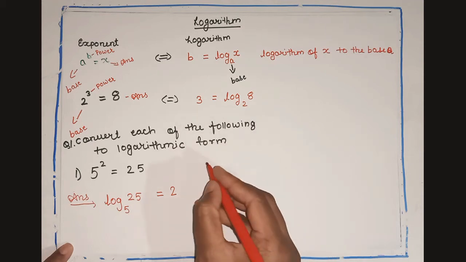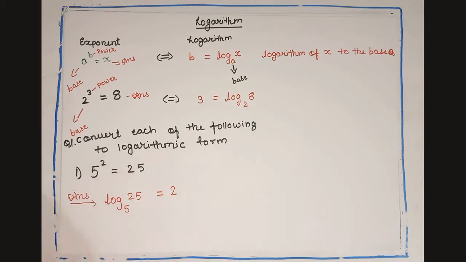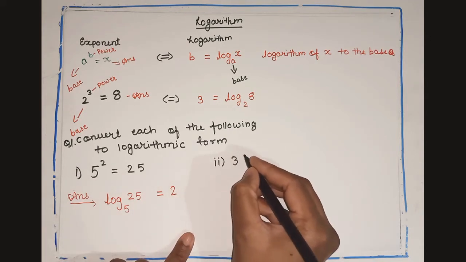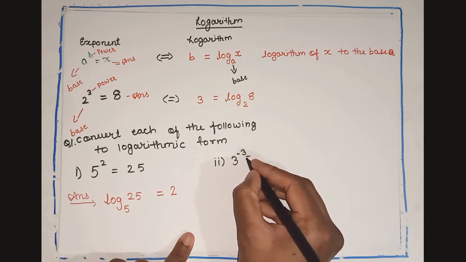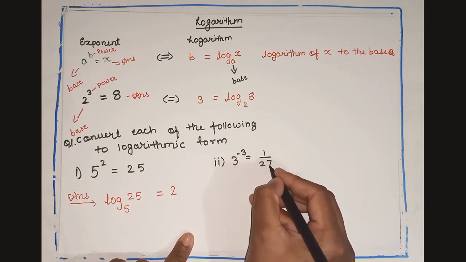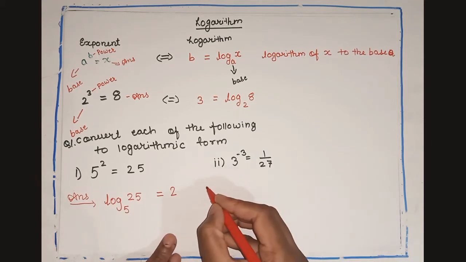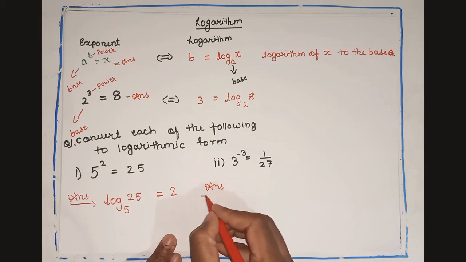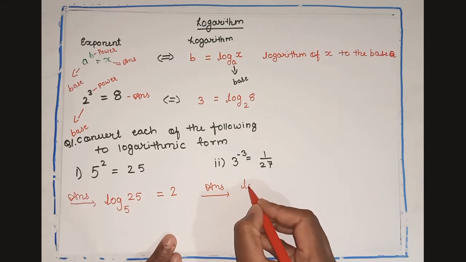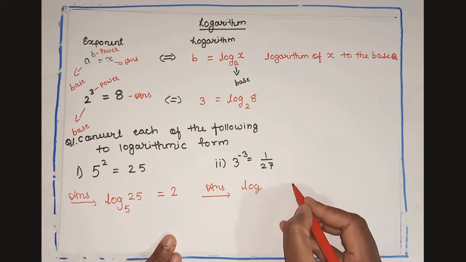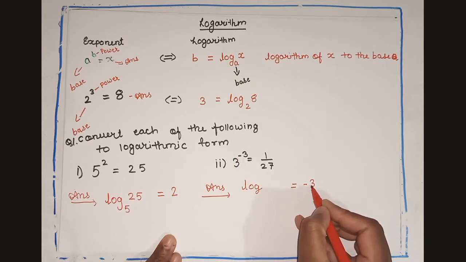Then in the same way, see the second problem. The second problem is 3 to the power minus 3 equals 1 upon 27. Now how will you do this? The same way. The power is minus 3, so minus 3 will be your answer.